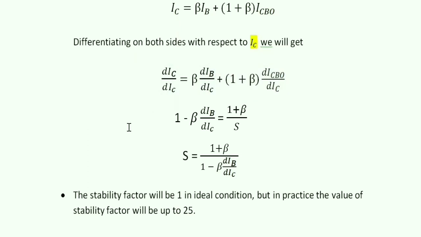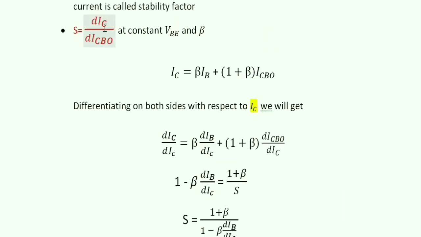We know that dIC by dIC is equal to 1. We have earlier seen that S is equal to dIC by dICBO, so we can write dICBO by dIC as 1 by S. So we have written that 1 is equal to beta into dIB by dIC plus (1 plus beta) by S.